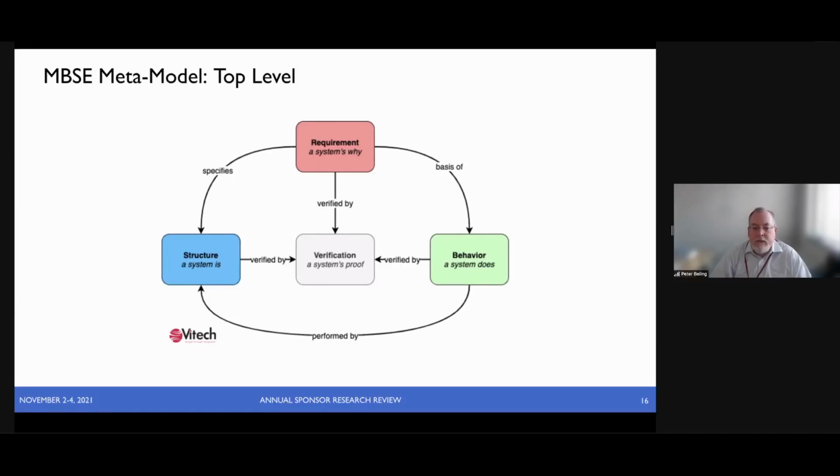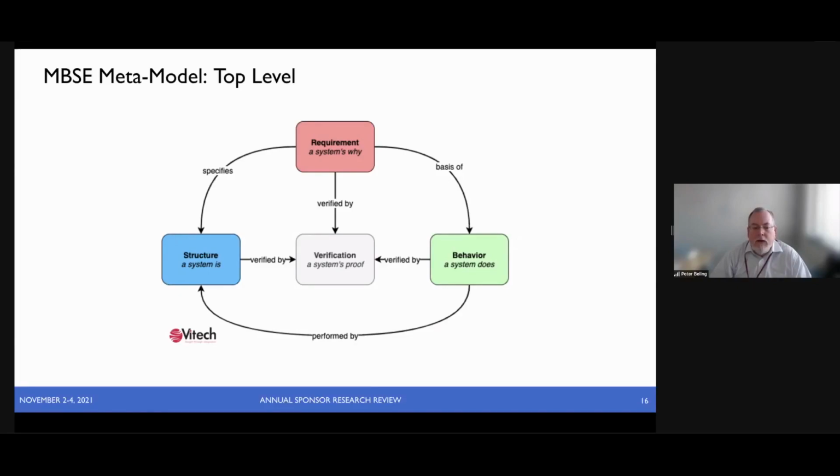And then relates those 2 things to sets of requirements that specify why the system is doing what it is, and ultimately relates everything to verification and some ability to test that the system is meeting the requirements through its structure and behavior. So this is a top-level metamodel, and it's meta in the sense that it's something from which models can be derived for specific systems.